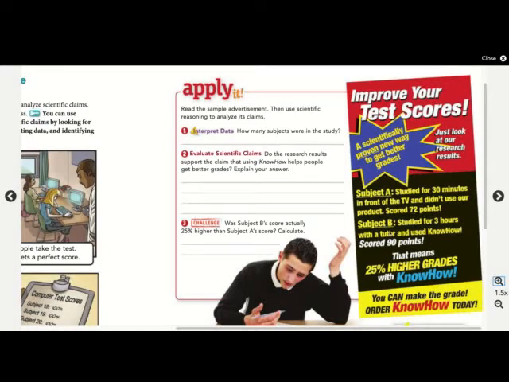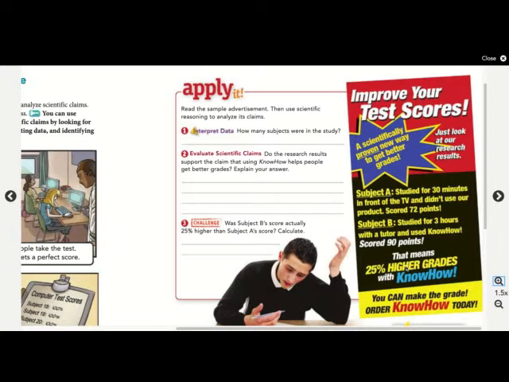Subject B studied for 3 hours with a tutor and used Know-How, and scored 90 points. So they're claiming that if you use Know-How, you're going to score 25% higher than people who don't use it. Does the research result support their claim? No. Why, you ask? I'm glad you asked.